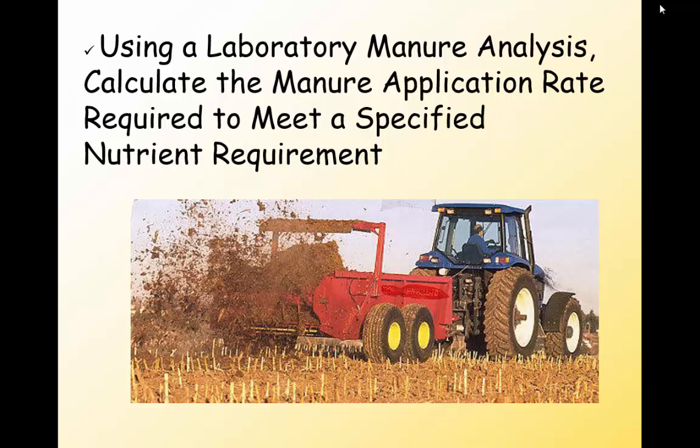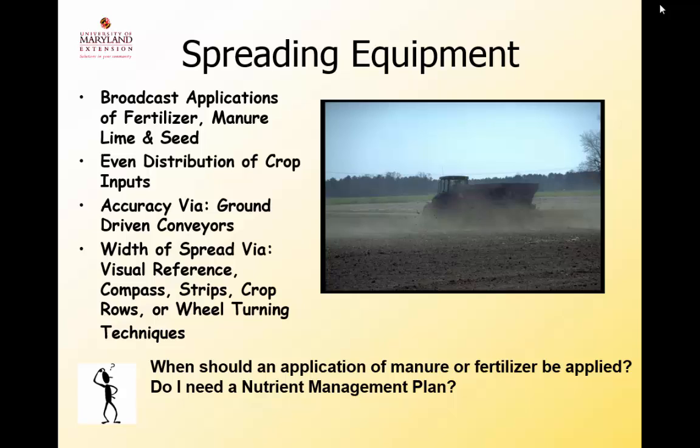Some are going to be better than others. But they have to be calibrated, because the whole purpose of doing all this nutrient management is to make sure you apply the nutrients you need and not any in excess. If you underapply, you don't have enough plant nutrients. If you overapply, you cause environmental problems. So you also have to do calibration of these manure spreaders.